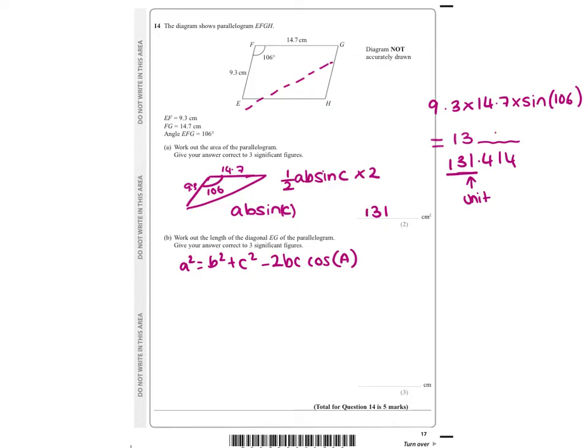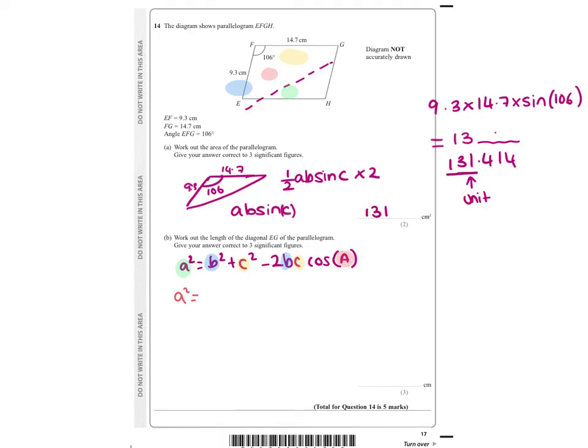Okay, so we know our a in this case is different from our a when we used ab sine c. I'm going to substitute all of these values in, and you can just put it into your calculator in one whole thing.